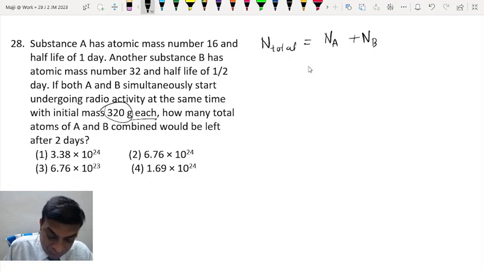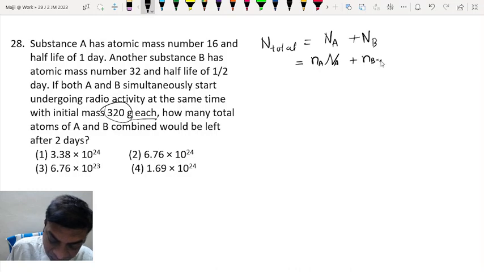Now total number of atoms will be number of moles multiplied by Avogadro number. Avogadro number I'll take it as Na. Here also same thing. Number of moles multiplied by Avogadro's number.